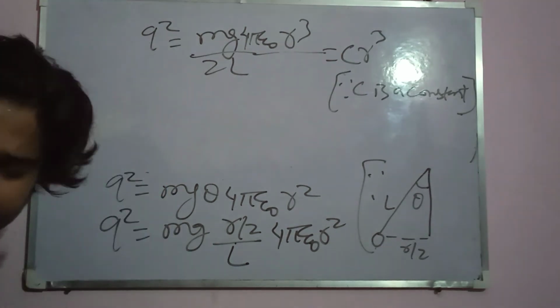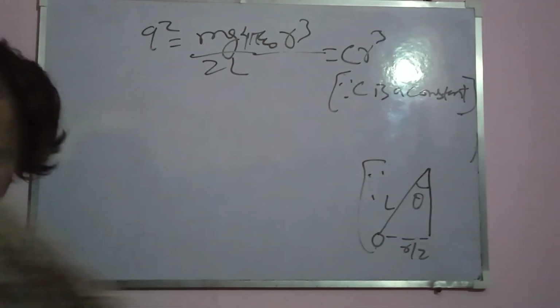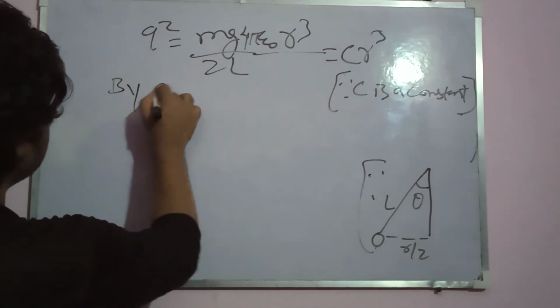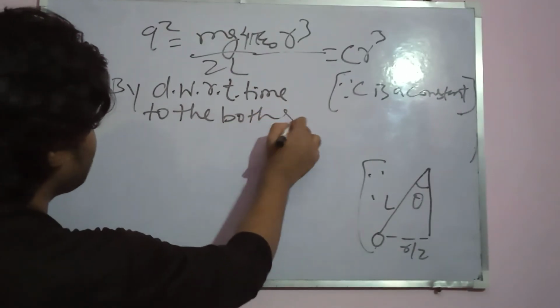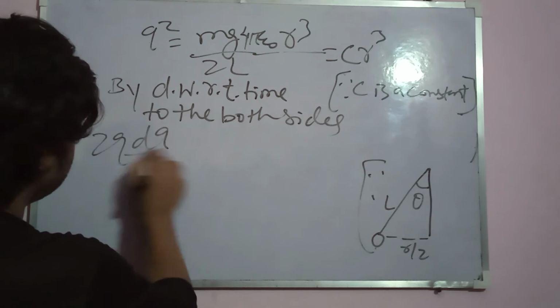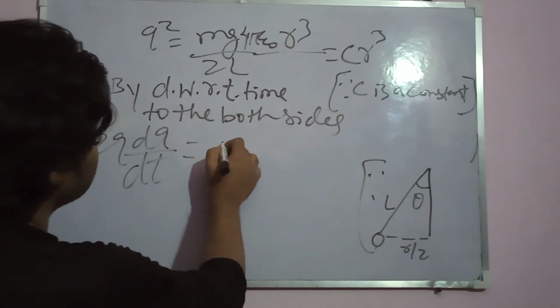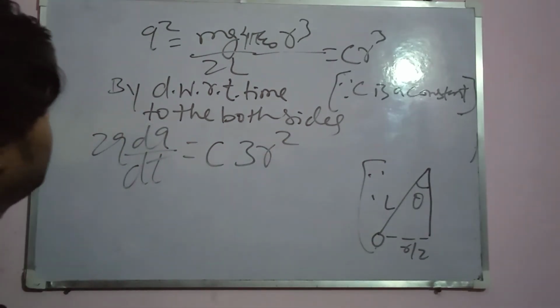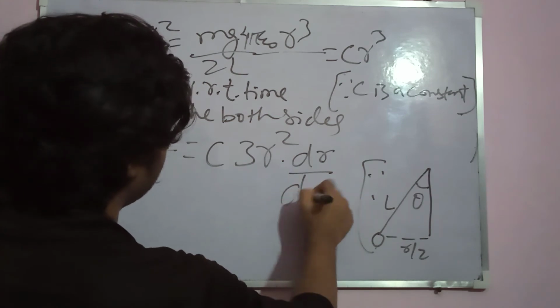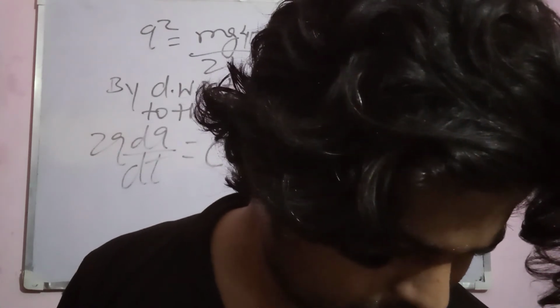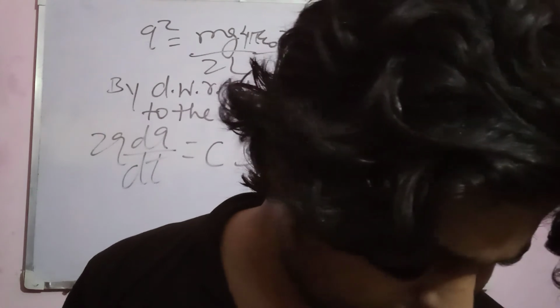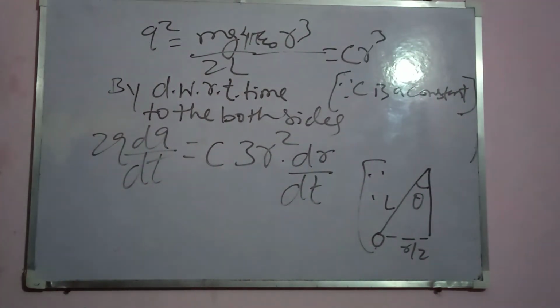Now I need to differentiate it. Let me make more space. Differentiating with respect to time on both sides, that will be 2q dq by dt is equal to C times 3 r square dr by dt.